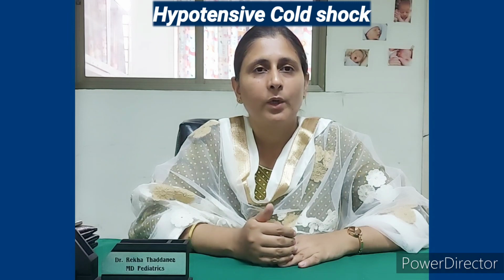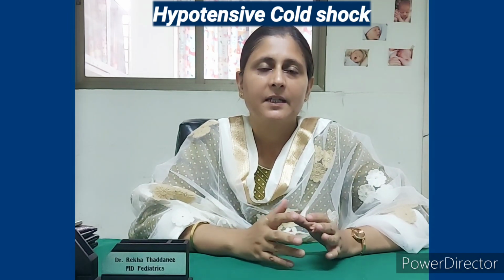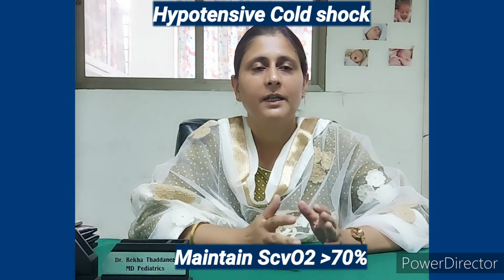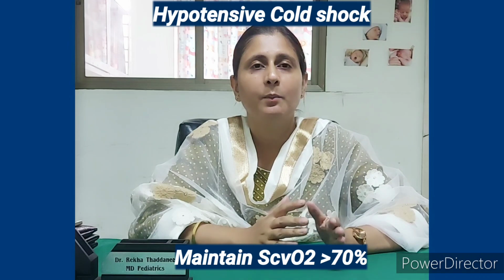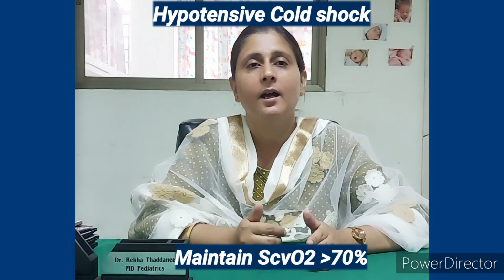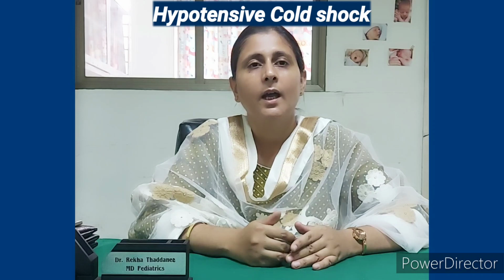And also we have to monitor by keeping a central line. ScvO2, the central venous oxygen saturation, should be maintained more than 70% whenever the patient requires inotropes. So after adrenaline, check the hemoglobin and the ScvO2 also.